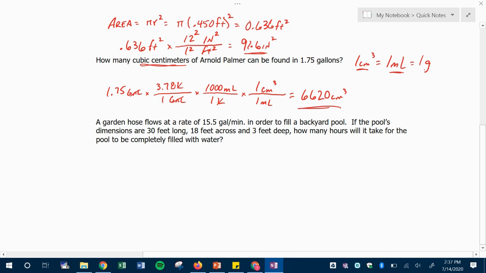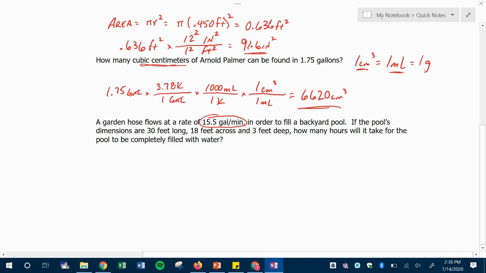All right, well, I know that this is a whole lot of information, but one thing that I will point out for you guys, if you're confused on where to even start with this, is you want to try and avoid what I'll call complex units. Now, a complex unit is one like the 15.5 gallons per minute.